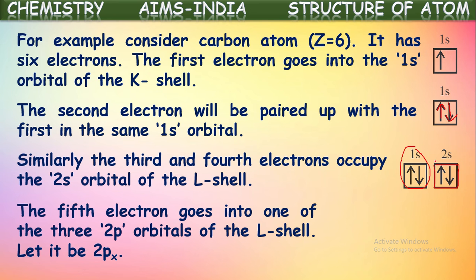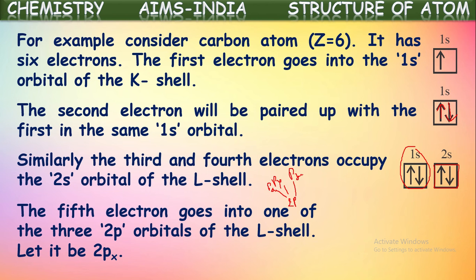Now the fifth electron goes into one of the 2p orbitals. In the second shell, along with the 2s subshell, there is the 2p subshell also, isn't it? We know the p subshell contains 3 orbitals: px, py, and pz.